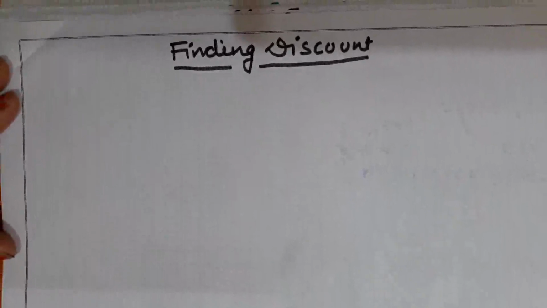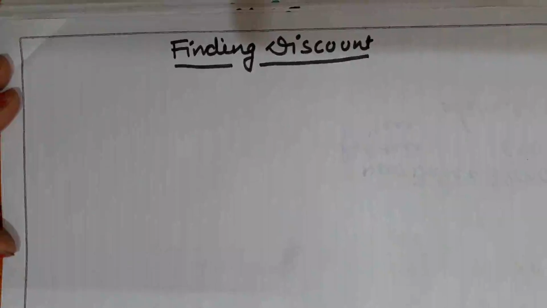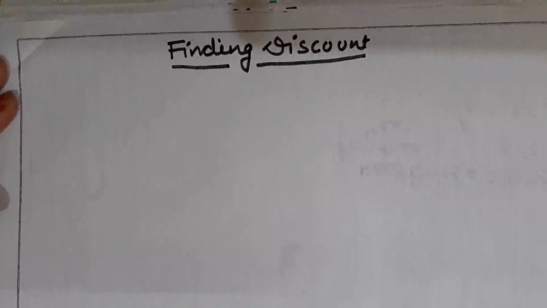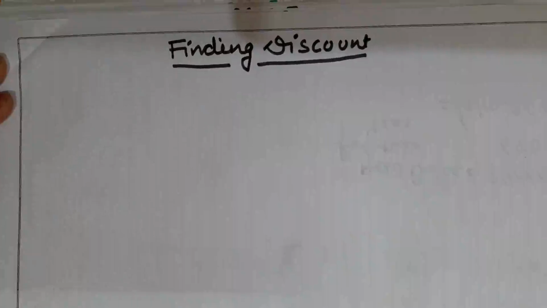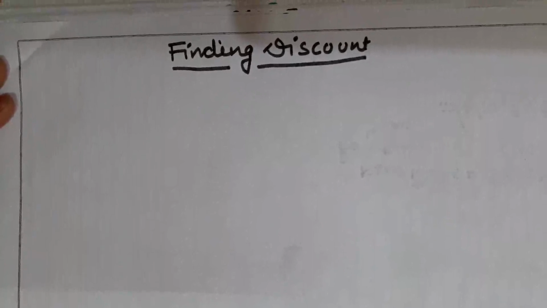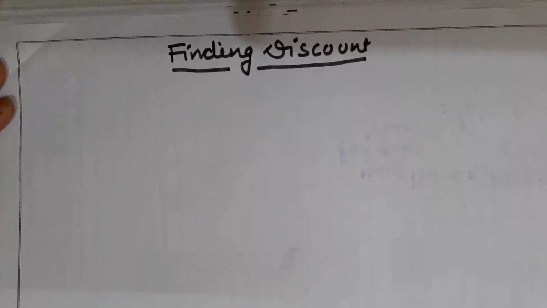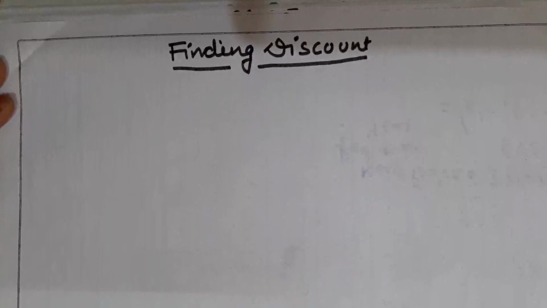Now what is discount actually? Suppose you want to buy a dress, its cost is rupees 300, but when the shopkeeper says the price of this particular dress is 300, what do you do? You start bargaining. You want that dress for a lesser amount.